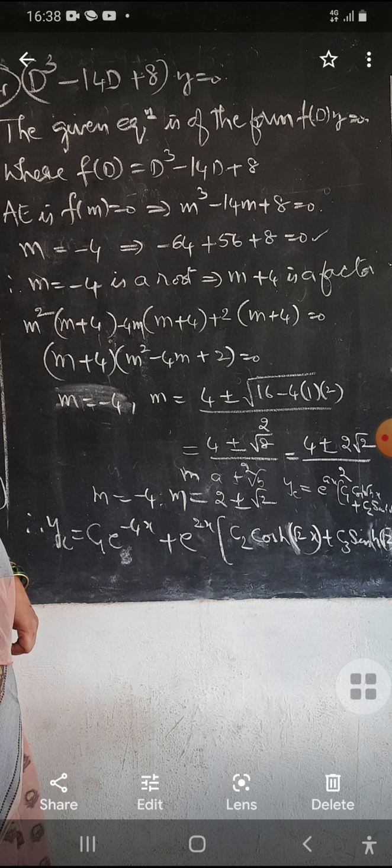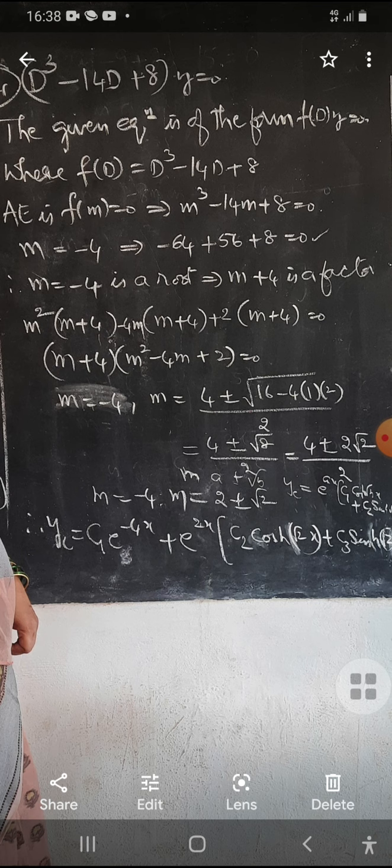Therefore, m is equal to minus 4, and further m is equal to 4 plus or minus square root of b square, 16 minus 4ac, 4 into 1 into 2, divided by 2. That is 4 plus or minus root 8 by 2, that is 4 plus or minus 2 root 2 by 2. Therefore, m is equal to, now here we are having a plus or minus root b as roots, that is if the roots are surds.